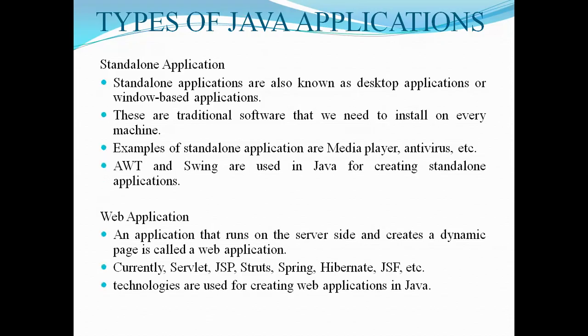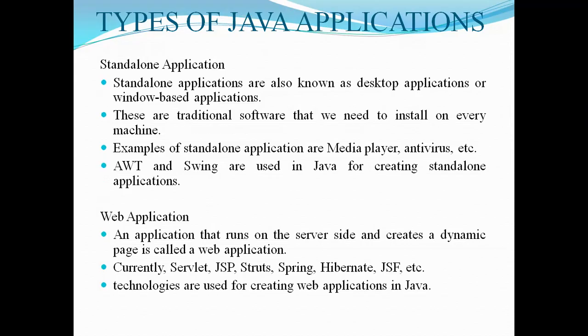Second one is the web application. For example, consider a two-tier application where a user, system, and server are present. First, the user gives the input data to the system. The system gives the data to the server, and the server performs some operations and gives the data back to the system. And the system in turn gives the output to the user.